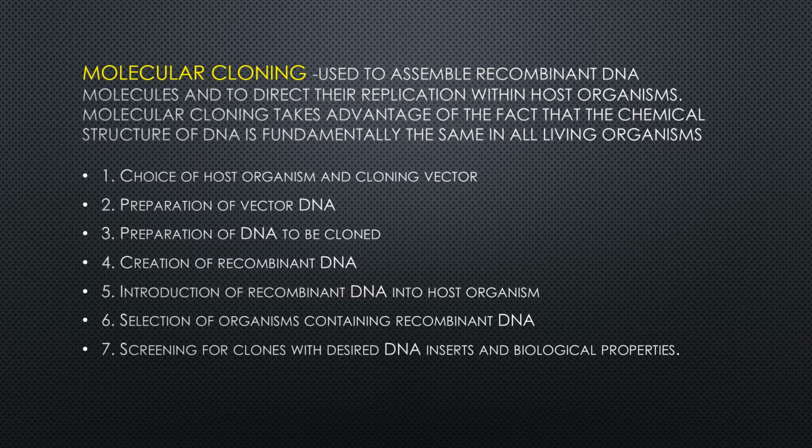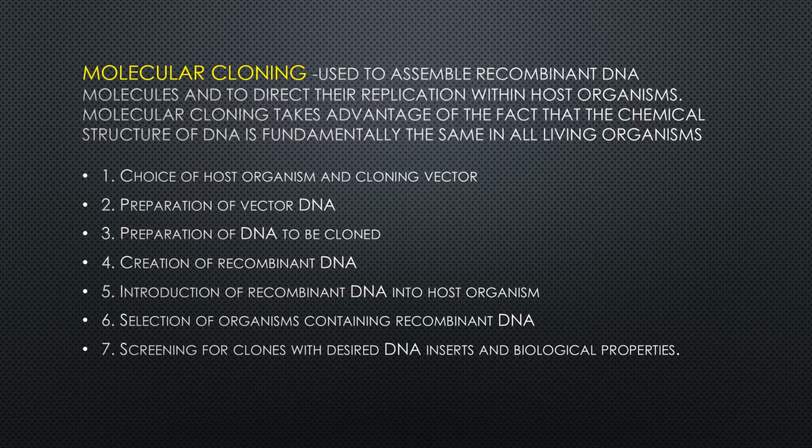So the first is that we have to choose a host organism and a cloning vector. And what they mean by a vector is basically something to carry the DNA that we're interested in. So then we're going to prepare that vector DNA, and then the preparation of the DNA to be cloned. We're going to create a recombinant DNA, which means putting those two DNAs together, the host DNA and the vector DNA.